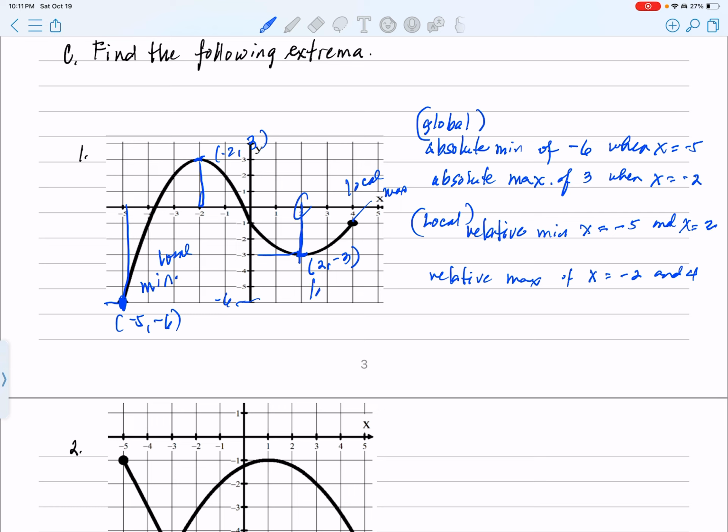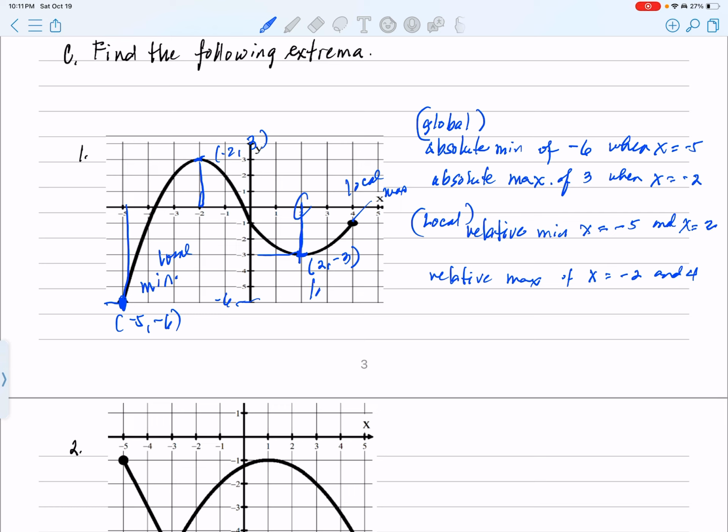Okay, let's do this. The last one. Okay, so we have this point right here. I will start with the global. I'm writing now some terms like global or absolute, because sometimes in a problem you are asked the global and it's about the absolute minimum.